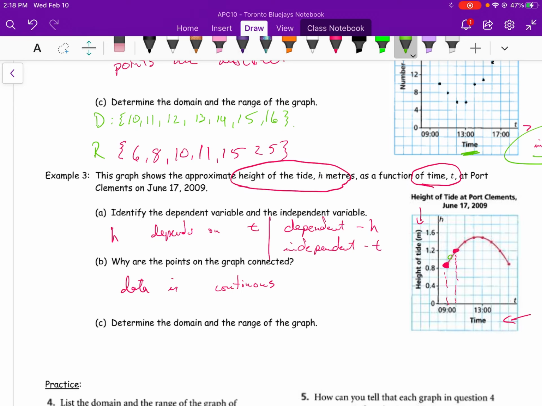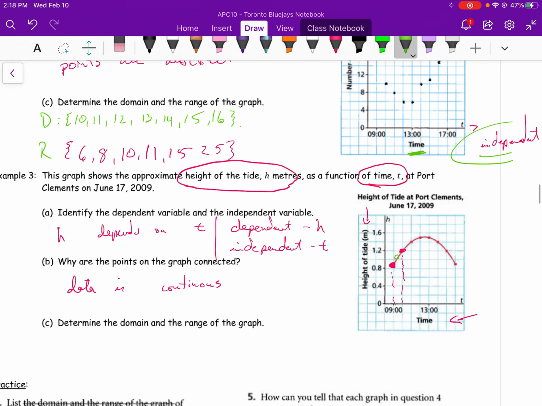So what is the domain for this? Now, I'm going to write this in 2 different ways. The domain here is going to describe typically what we would think of as x or our independent variable.